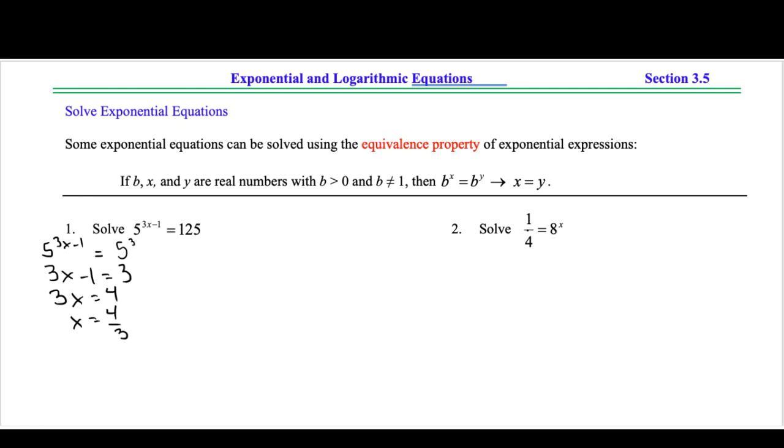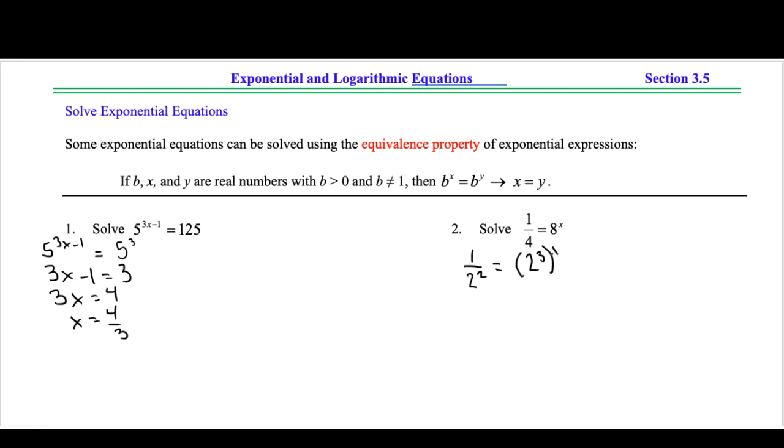Similarly, over here, I've got 1/4 equals 8 raised to the power of x. But with a little bit of manipulation, I can rewrite this equation so that both sides have the same base. So for example, 1/4 could be written as 1 over 2 squared. 8 could be written as 2 cubed, right?